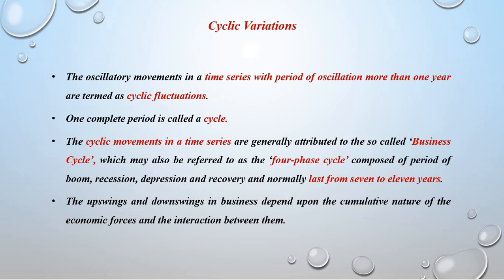This may also be referred to as the four-phase cycle. It is composed of periods of boom, recession, depression, and recovery, and normally lasts from 7 to 11 years. The upswings and downswings in business depend upon the cumulative nature of the economic forces and the interaction between them.